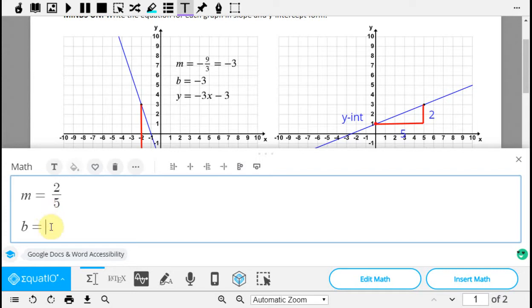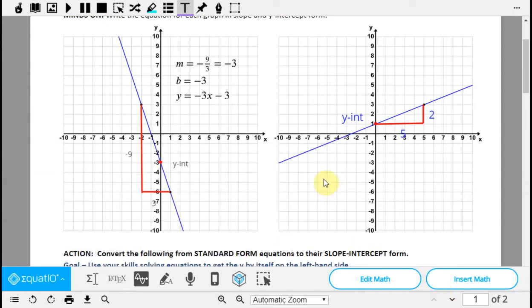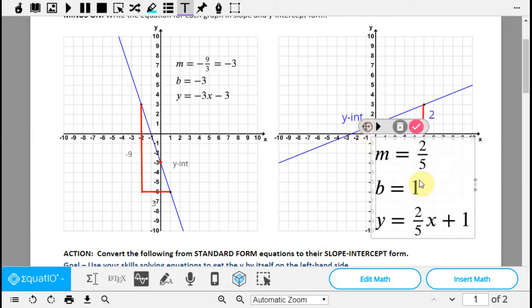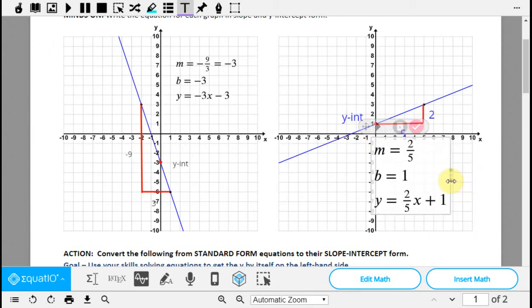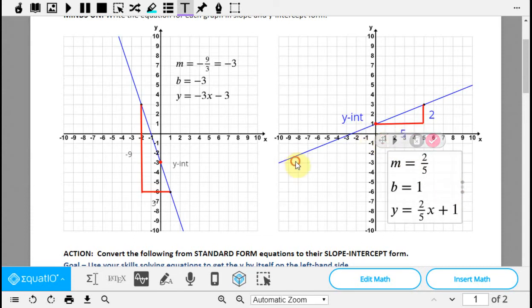And my y-intercept, I said, is 1. So that makes this equation y equals 2/5 x plus 1. So there I have the equations for both of those lines.